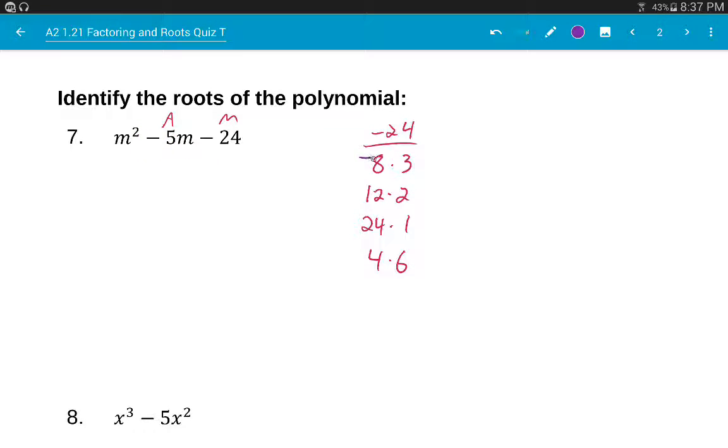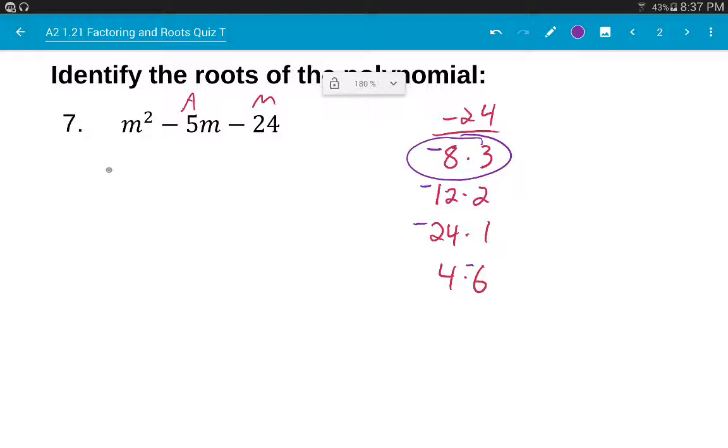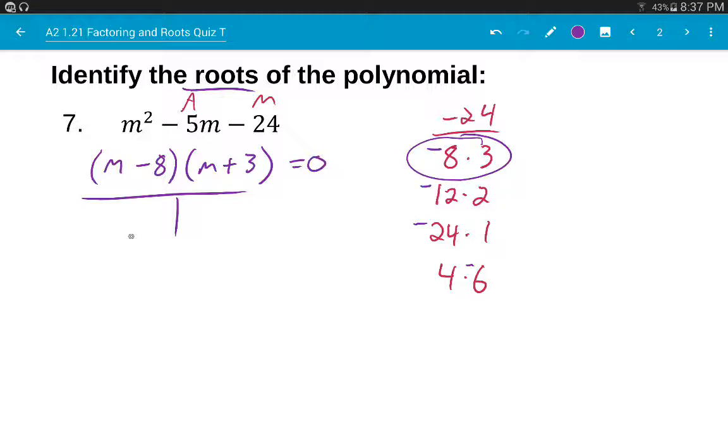I know that the bigger term is going to be negative. So let's see, which one of these will add to negative 5? I think it's this one. And will they multiply to negative 24? Yes, they will. Okay, so this is m minus 8, m plus 3. They want us to find the roots. That's the zeros. So that means our answers are 8 and negative 3.